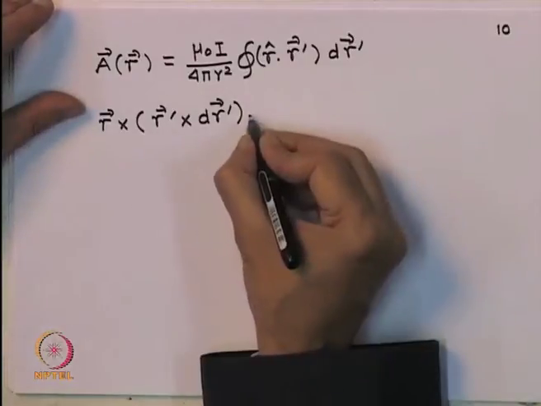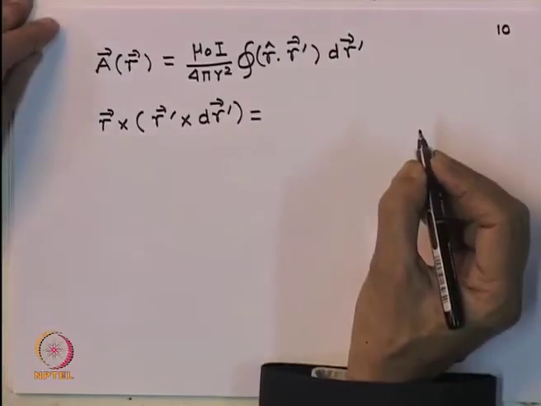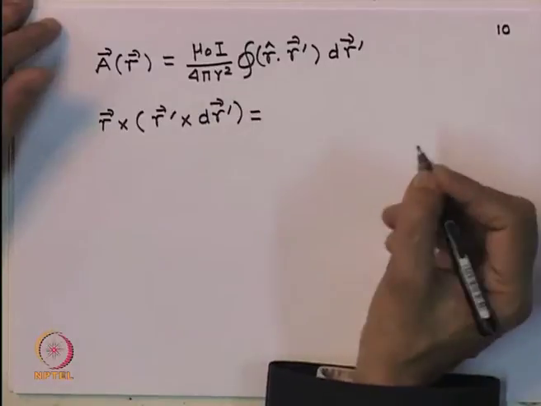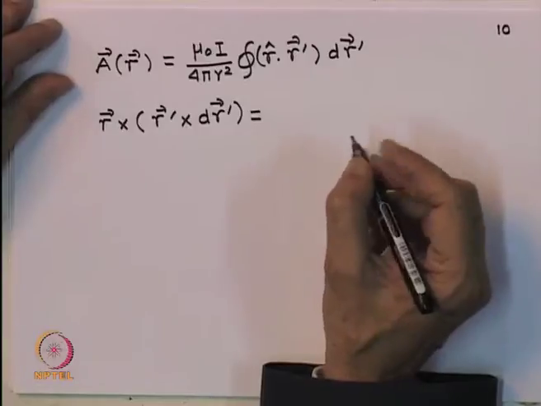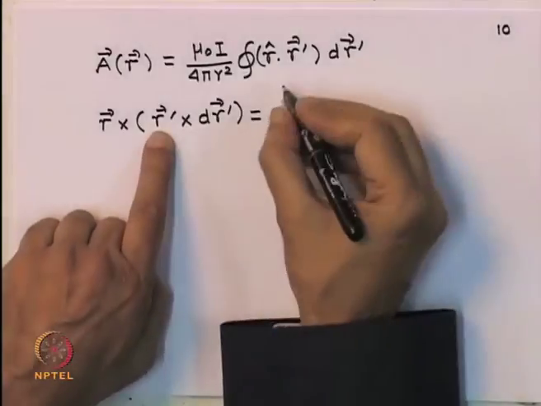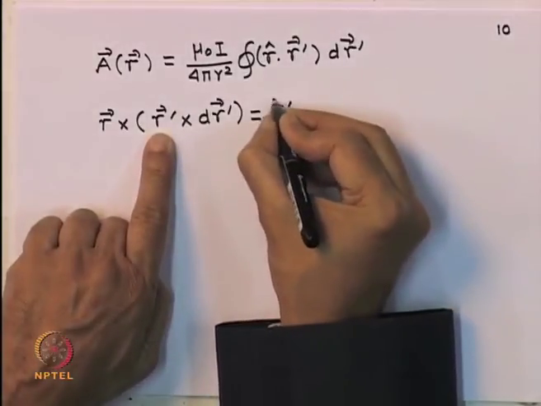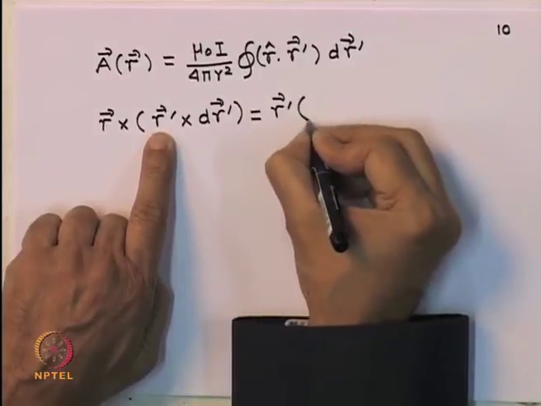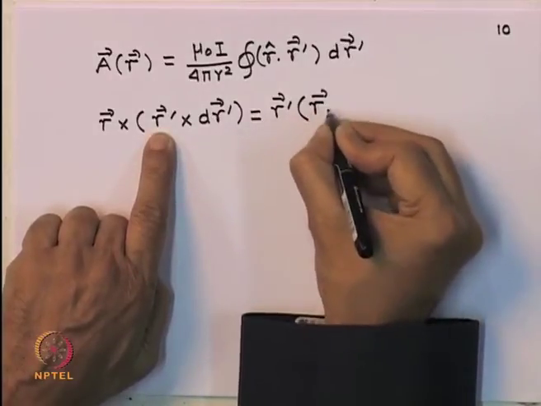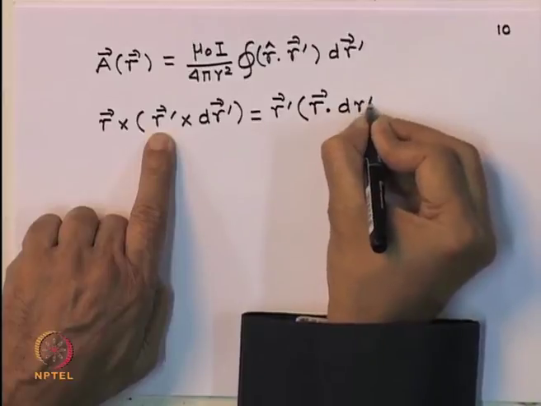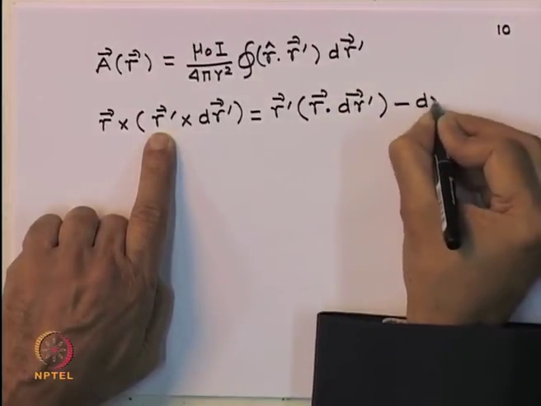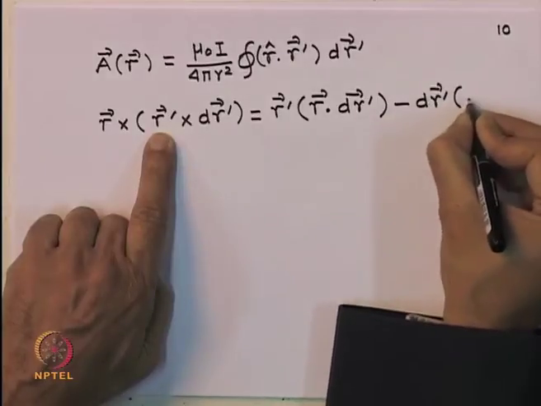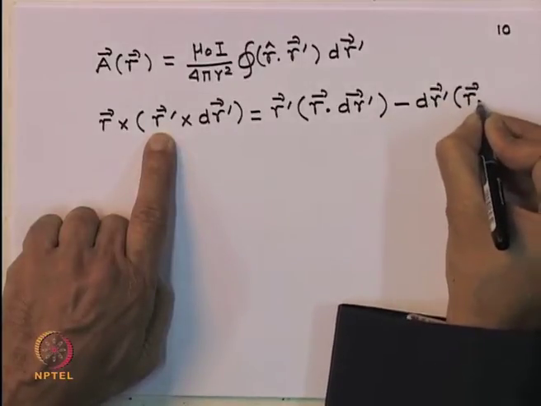Now, you use the standard b a dot c minus c a dot b, which is the standard expansion for a cross b cross c. So, that is equal to r prime vector multiplied by a dot c, which is r dotted with dr prime, minus dr prime vector and r dotted with r prime.